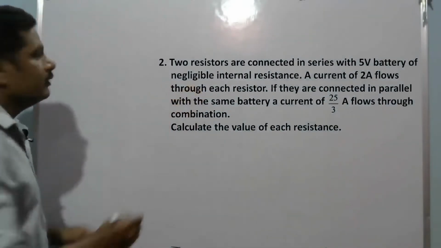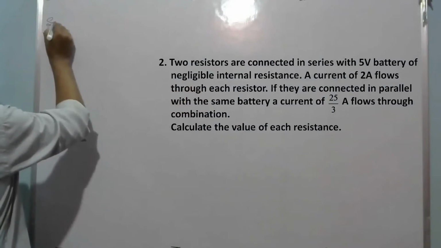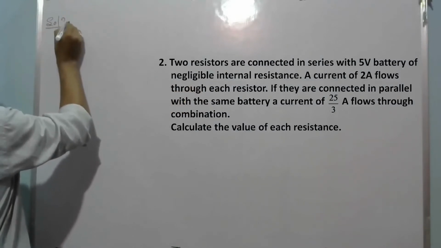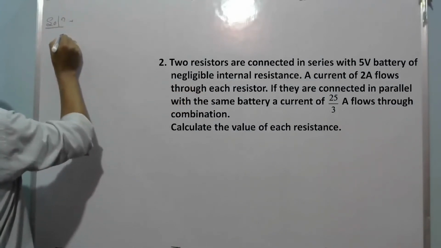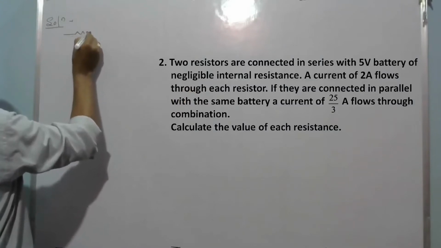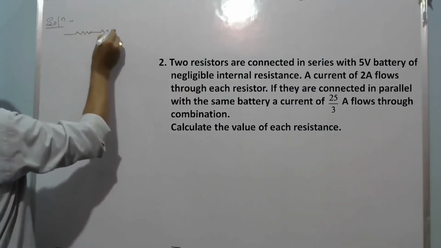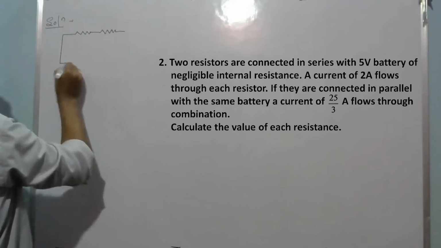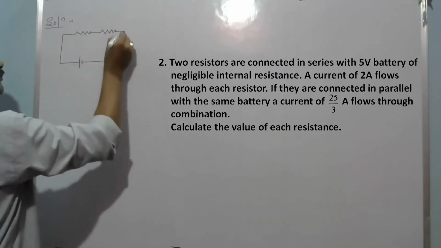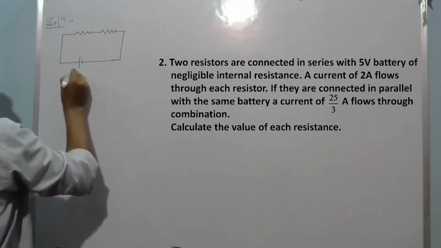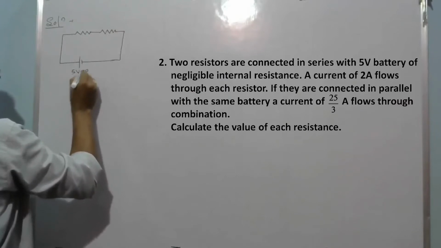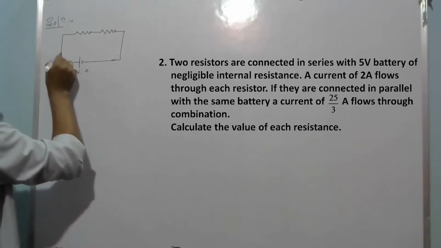In this problem, there are two resistances which are connected in series as well as parallel. When they are connected in series and connected to the external source of EMF 5 volt and internal resistance 0, we get a current of 2 ampere.